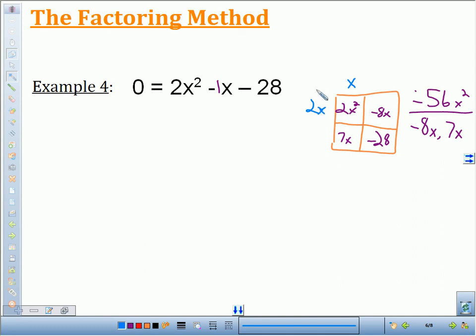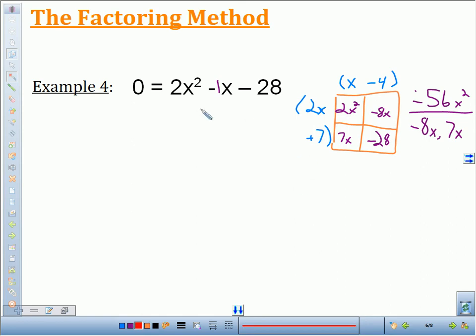Now I need to multiply 2x by negative 4 to make negative 8x. 2x times negative 4 is negative 8x. x times positive 7 would give me 7x. So my factors are x minus 4 and 2x plus 7.